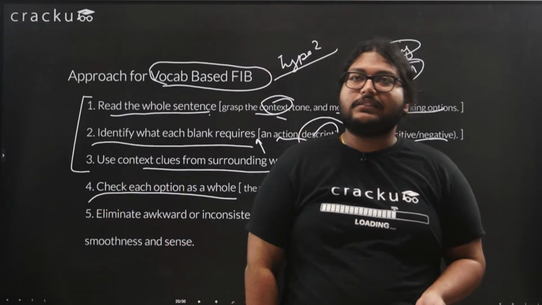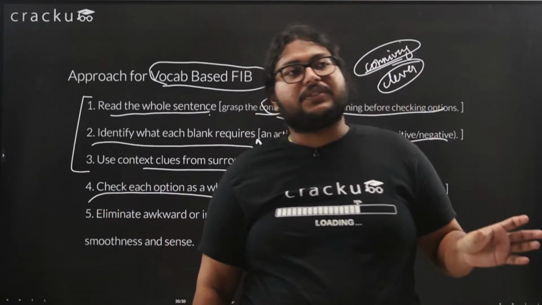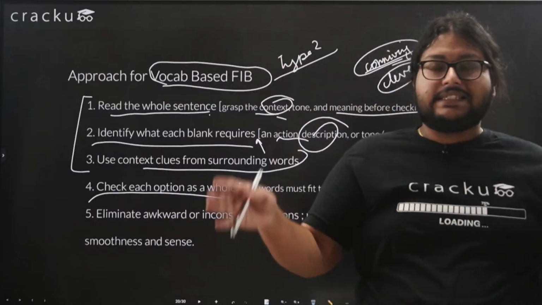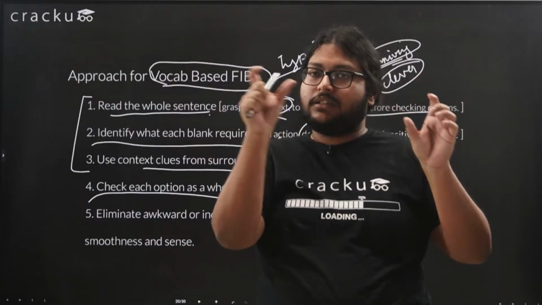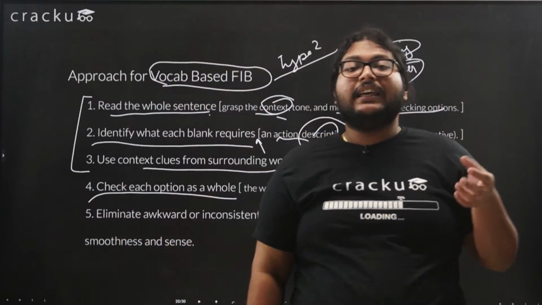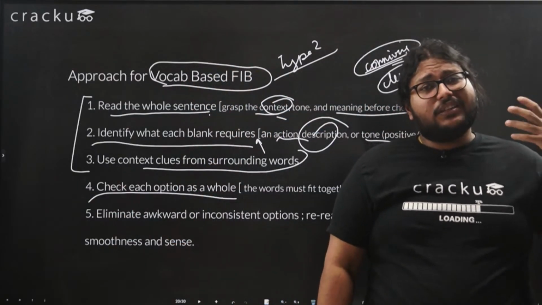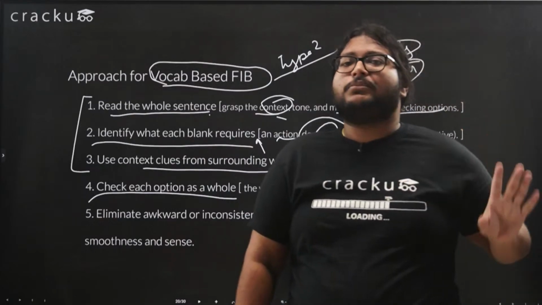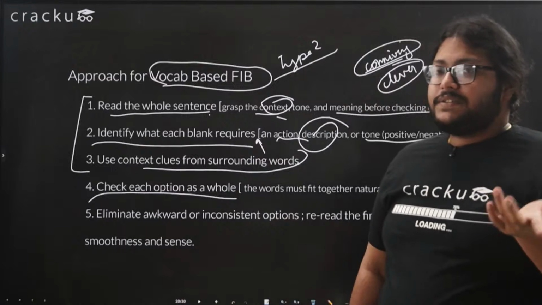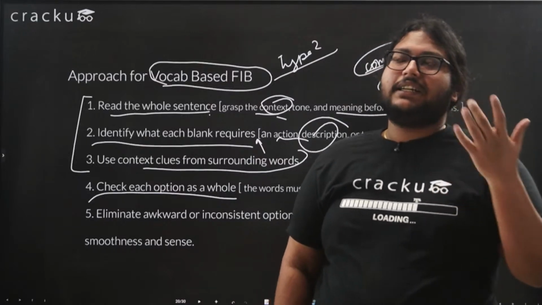What it means is, put all the options in the sentence, all three choices, in the blanks, and then read through the sentence and see in which case it makes the most sense. The case where it makes the most sense will be the correct choice.